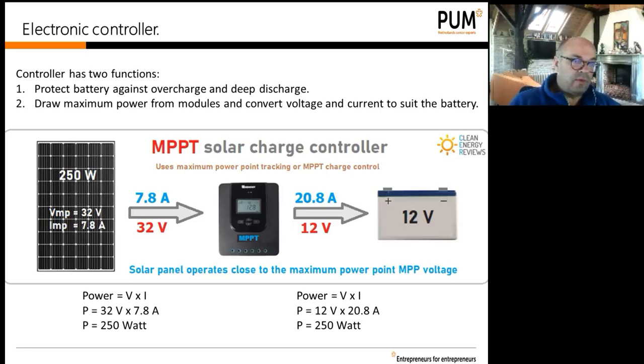It's the same with discharge, especially lead batteries are not able to cope with that. So if you discharge a lead battery until there's no power in it, it will break down. The controller protects against that, against overcharge and deep discharge. Now, this is one very important function of the electronic controller.